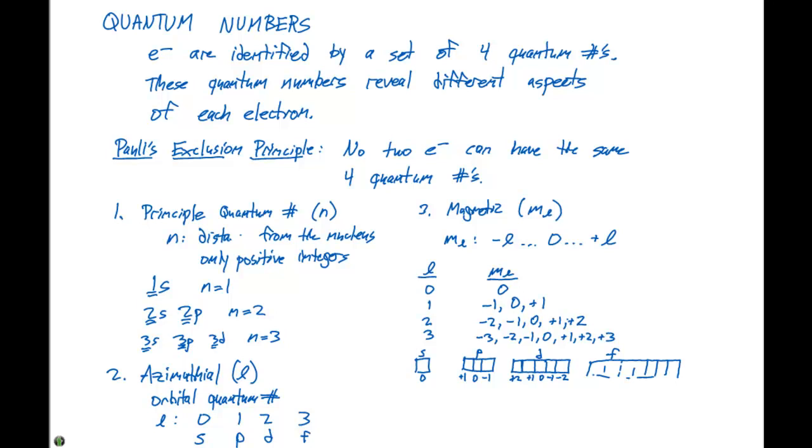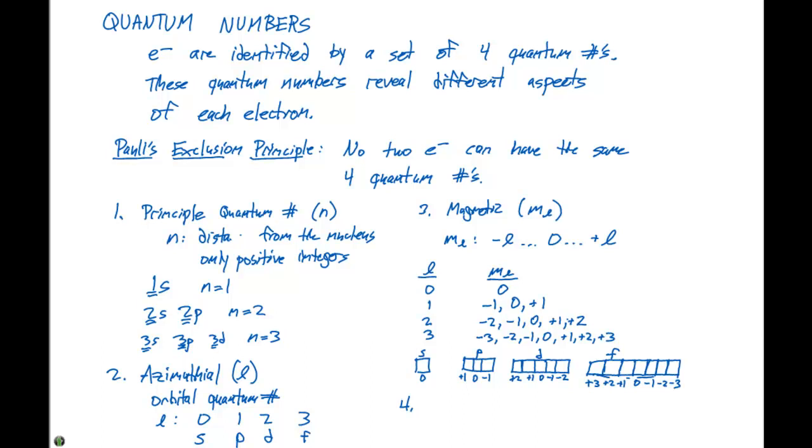So we put a 0 in the middle, then it goes +3, +2, +1, -1, -2, and -3. These are our 7 values for the 7 blocks of the f orbital. We'll get into more examples later of specific elements or atoms, and this should make a little bit more sense.